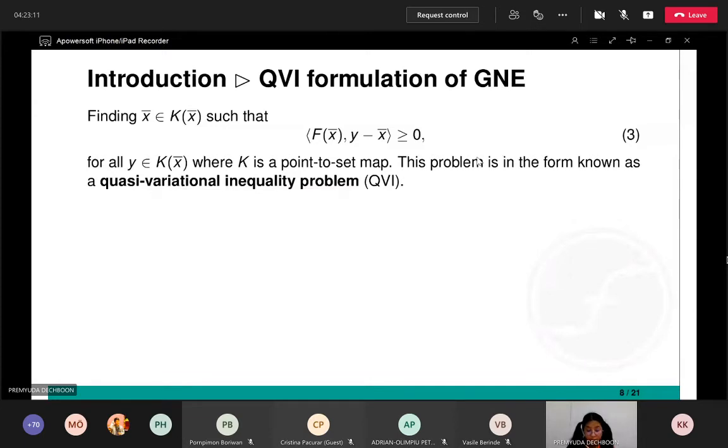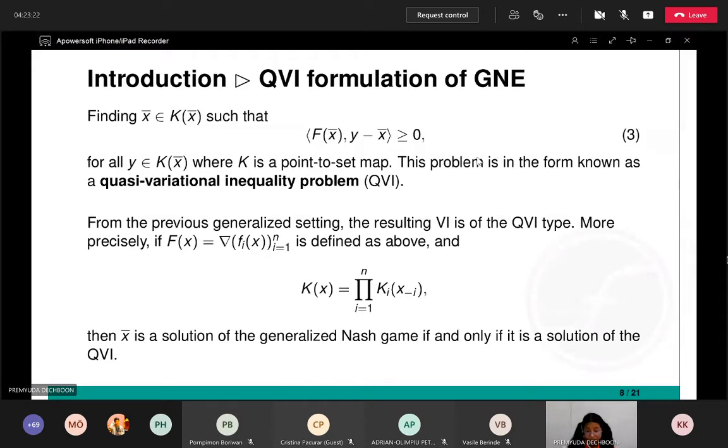That is, we change this set to be the set-valued mapping, where we set the set-valued mapping K equal to the product of all strategy sets Ki.